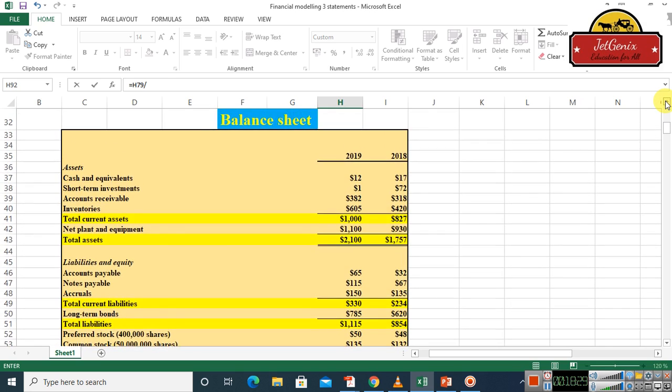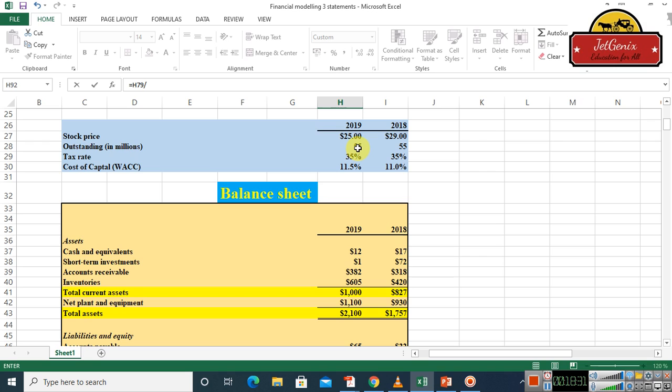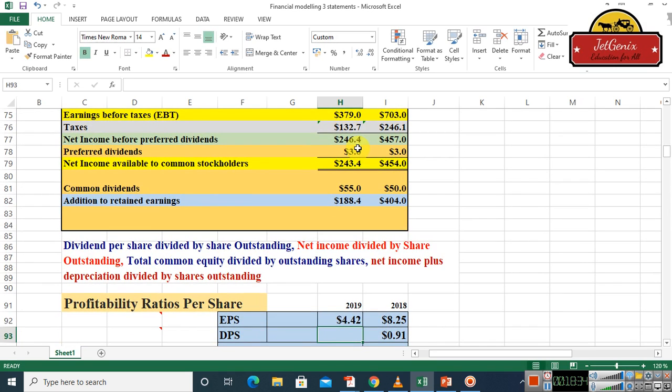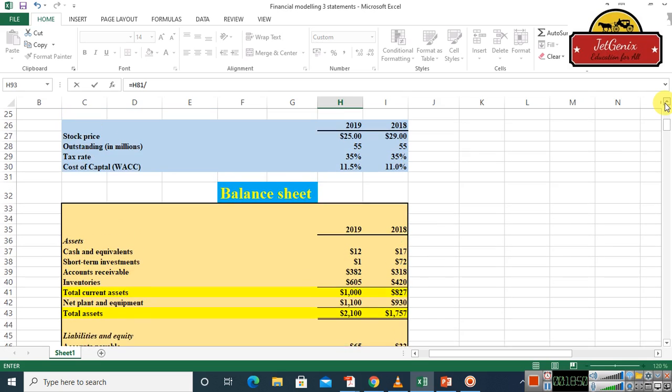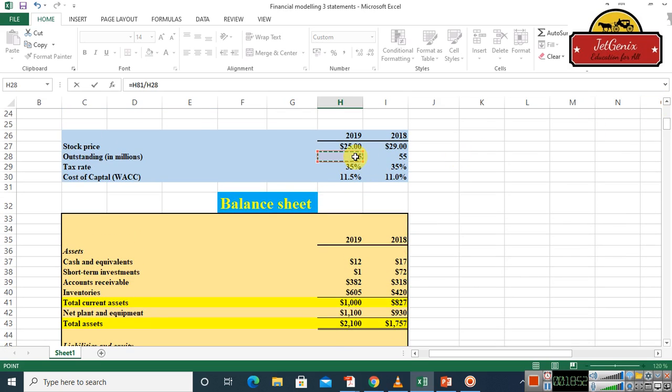Yes, here is again 55. So the earning per share in 2019 is 4.42, and for dividend per share, select the dividend, which is here, yes, this one, common dividend, and divide by the shares outstanding. Okay, again the same figure.